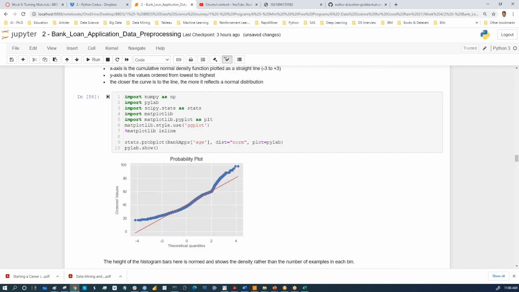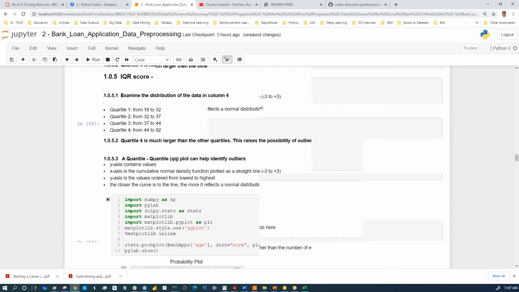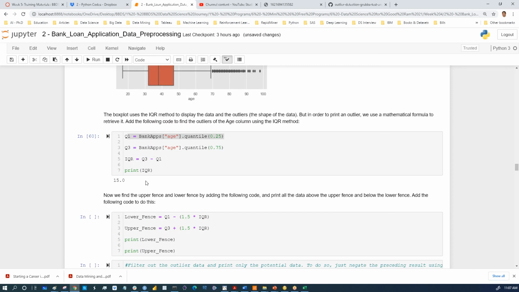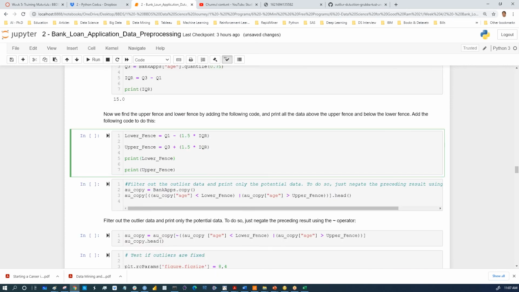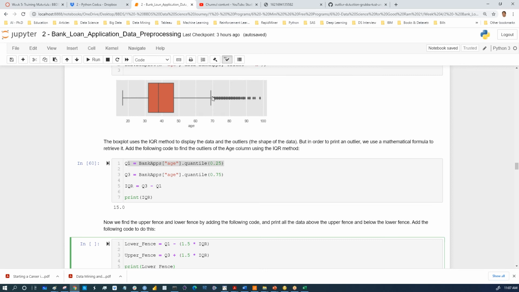In other words, it's 47 minus 32, so it should be 15. And the outlier is anything above 1.5 times the IQR beyond the whisker.